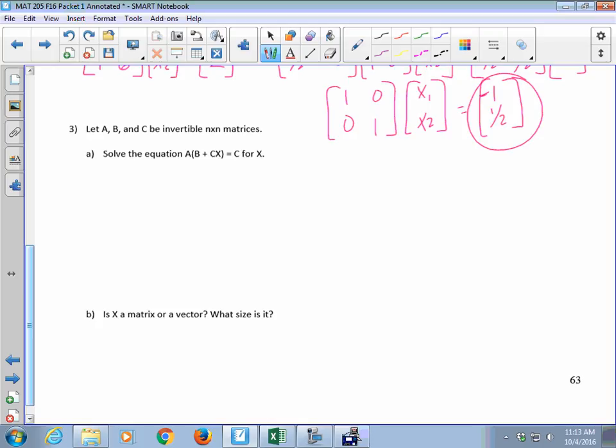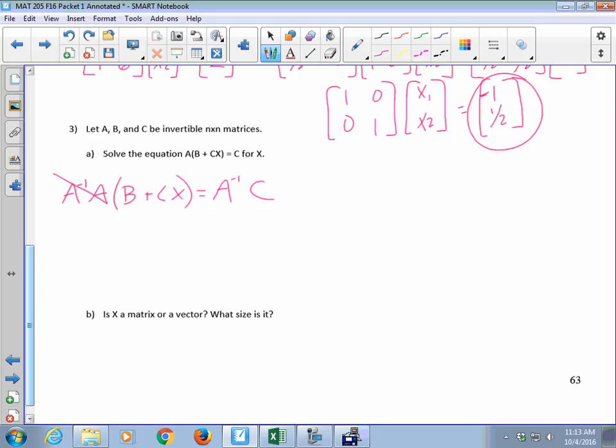So let's try to undo this A thing first. If I multiply both sides by A inverse on the left, what's A inverse times A? The identity. Yep. And so those just cancel. We don't have to write the identity. It's like writing 1 times something.